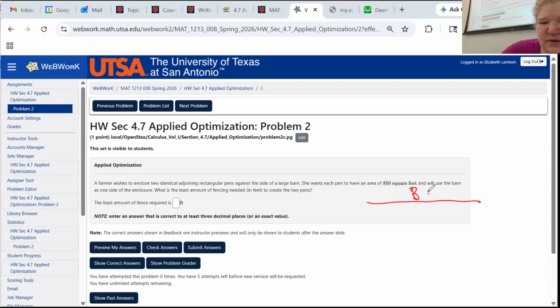So here's the barn. And then there's two pens. And they want each pen to have an area of 850 square feet.